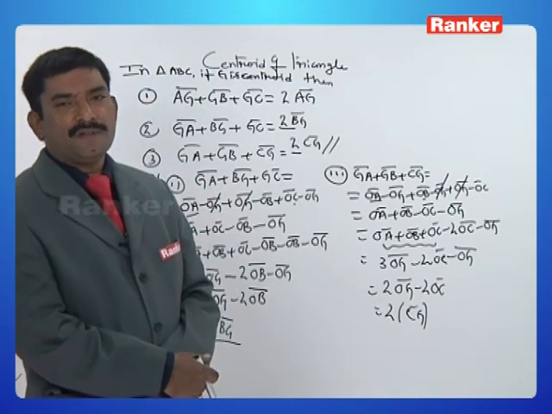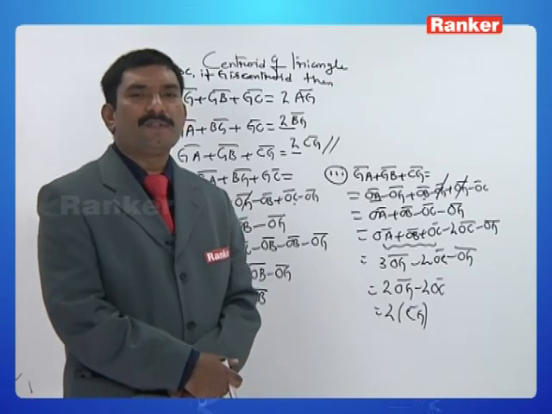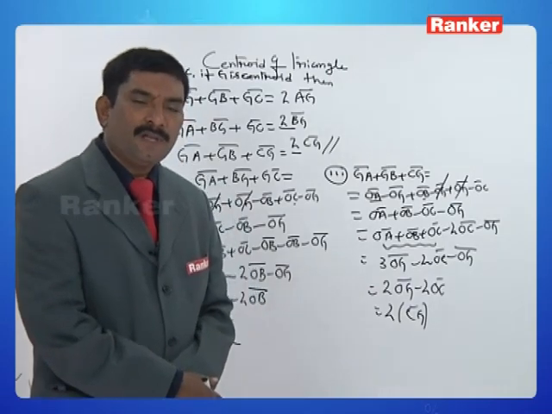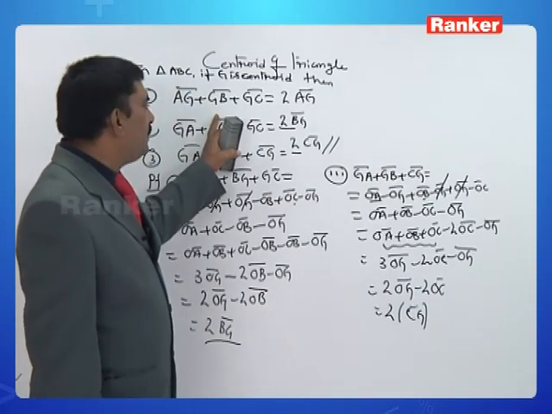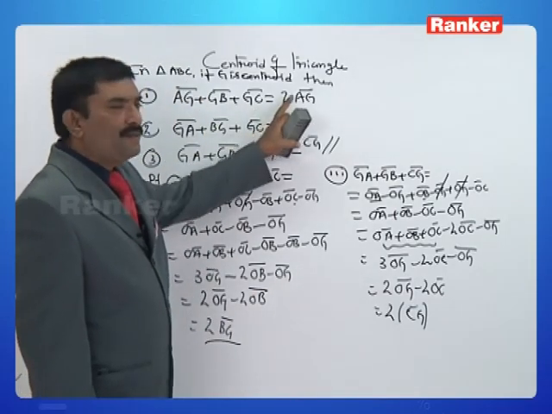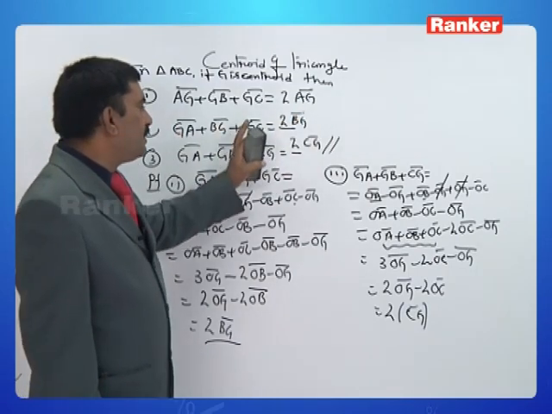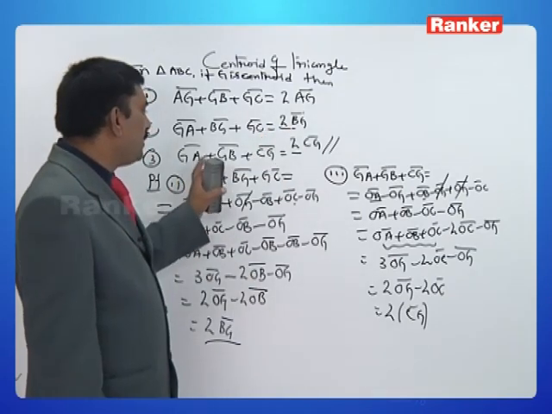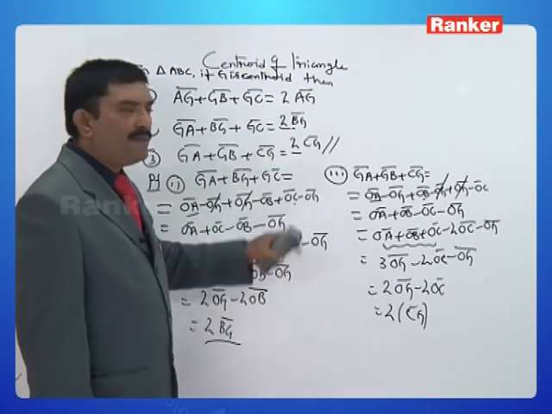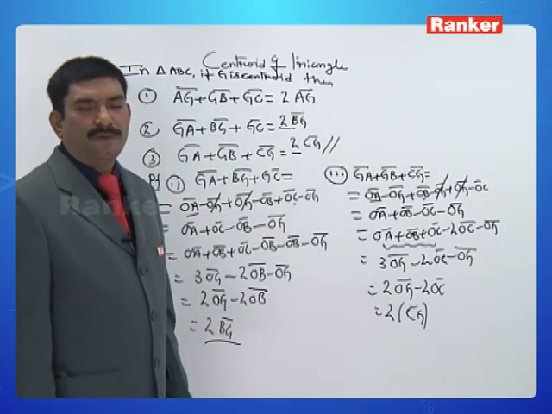In the same fashion, we have proved that GA bar plus GB bar plus GC bar is equal to 0 bar or 0. Next, we have proved GA bar plus GB bar plus GC bar is equal to 2 into AG bar. Next, GA bar plus GB bar plus GC bar is equal to 2 into BC bar. Next, GA bar plus GB bar plus GC bar is equal to what? 2 into CG bar. Followed?